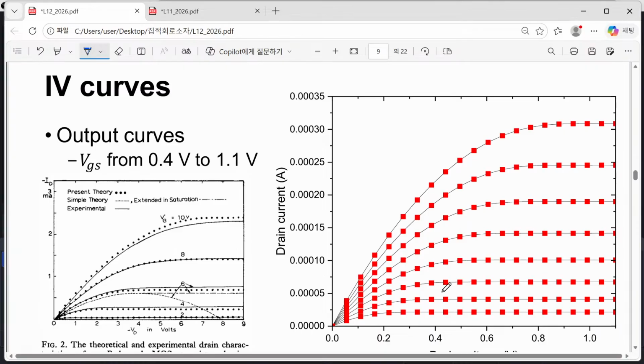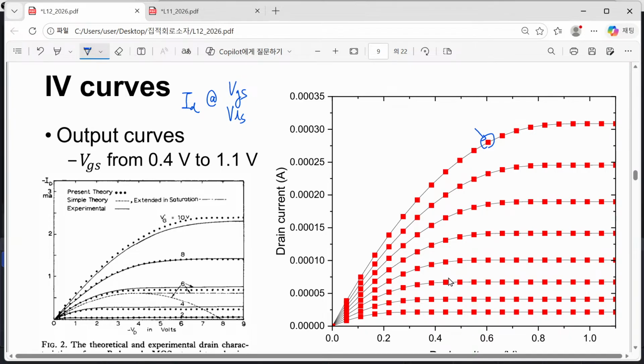So by using this kind of double integration, we can get ID values at a given VGS and VDS. So this IV curve simply means that one dot shown here is calculated by performing that double integral for a given VGS and VDS value.